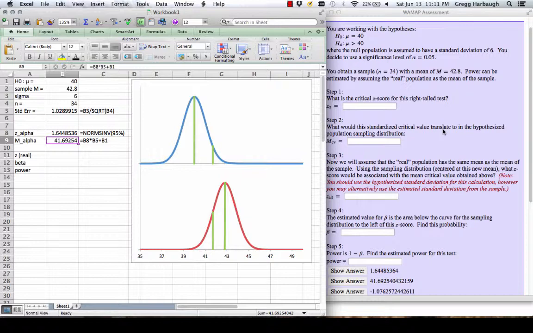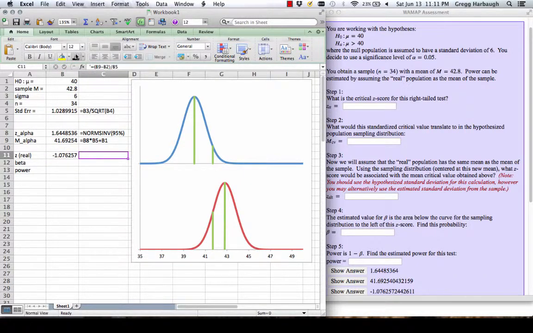Step 3 asks us to assume that the real population has the same mean as the mean of the sample. Using this new sampling distribution, which is centered at the new mean of 42.8, what z-score is associated with this critical value that we calculated for our hypothesis? Well, this would be the equivalent to taking the score 41.69 and change, subtracting the sample mean of 42.8, and dividing this by the standard error.